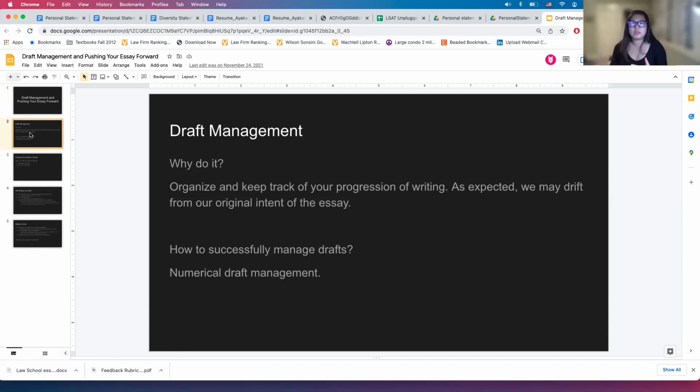So you really do want to keep track of all versions of your essay, not because any of them may be the one you turn in, but because you want to track your thought process there. Sometimes for personal statements, diversity statements, and optional essays, schools may be asking for different things. So you may need to reorder your essay.